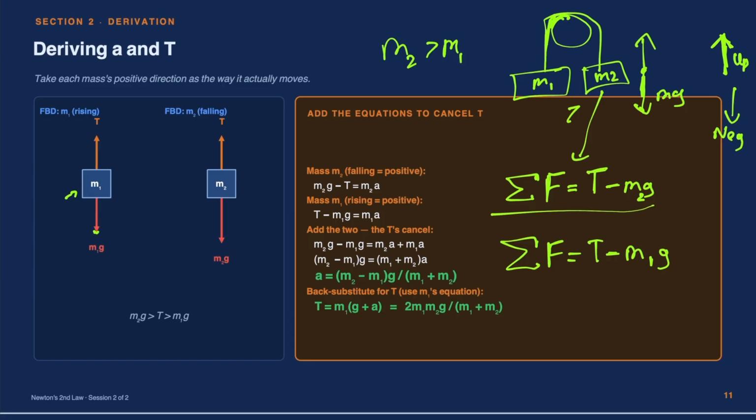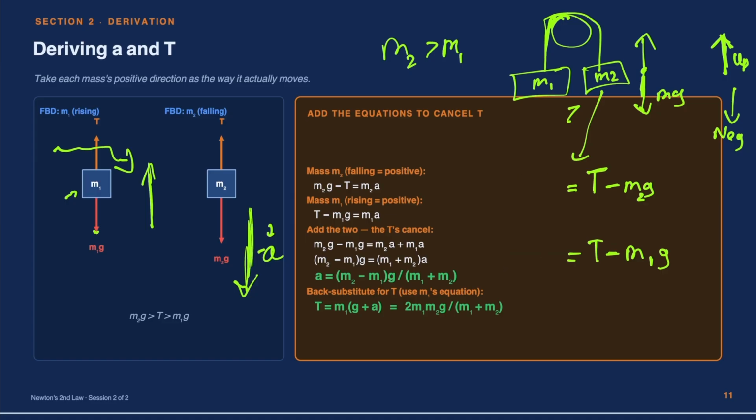If it's going downward, I'm going to consider it to have a negative acceleration, okay? Which means if it's going upward, which is block M1, that's going to have a positive acceleration. So if I replace net force with MA here, both these net forces, I'm going to replace them with MA, because net force is equal to MA, right?